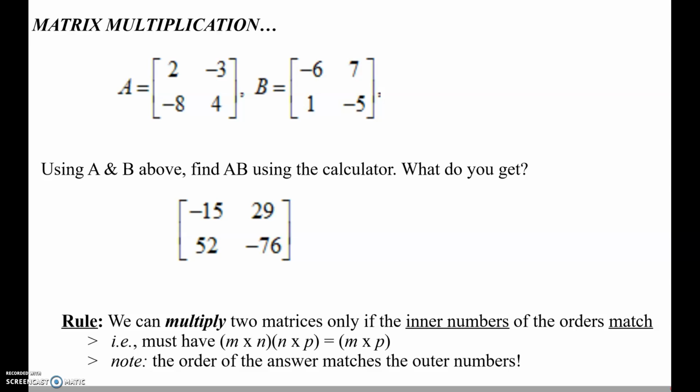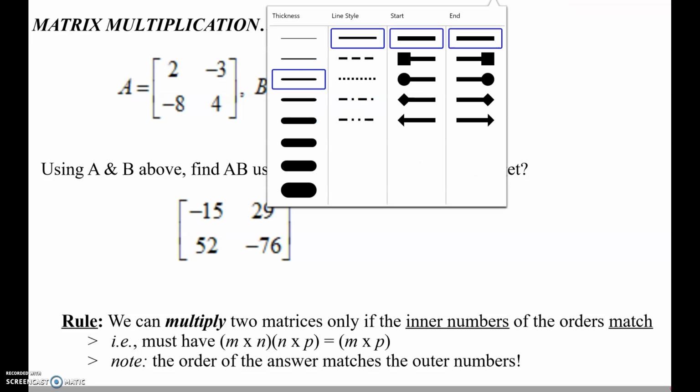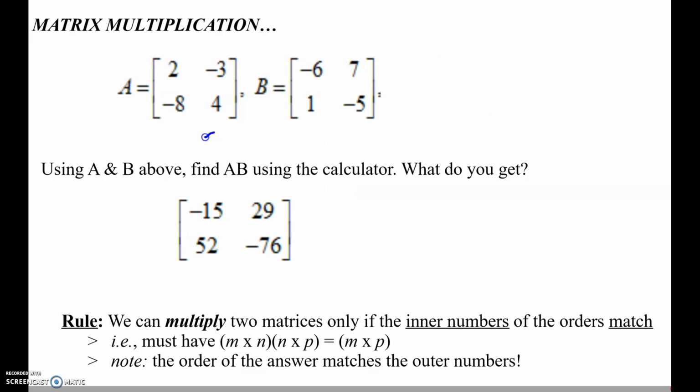Okay, so with matrix multiplication, we don't necessarily have to have the same order for our matrices. What we do have to have, though, is that the inner numbers must match. So let me get my pen here and write something down. This first matrix, right, is a 2 by 2. The second matrix is a 2 by 2.